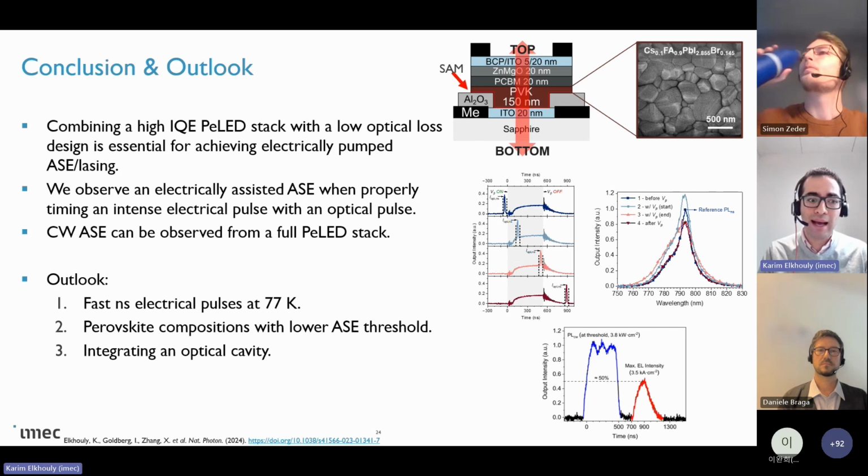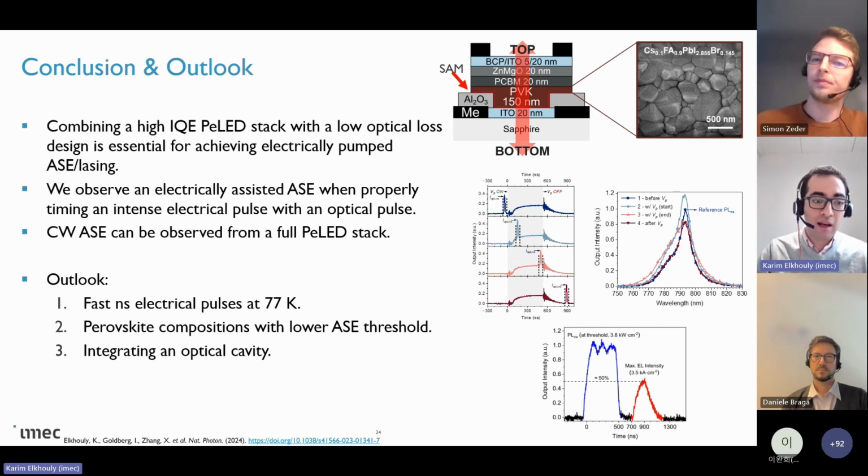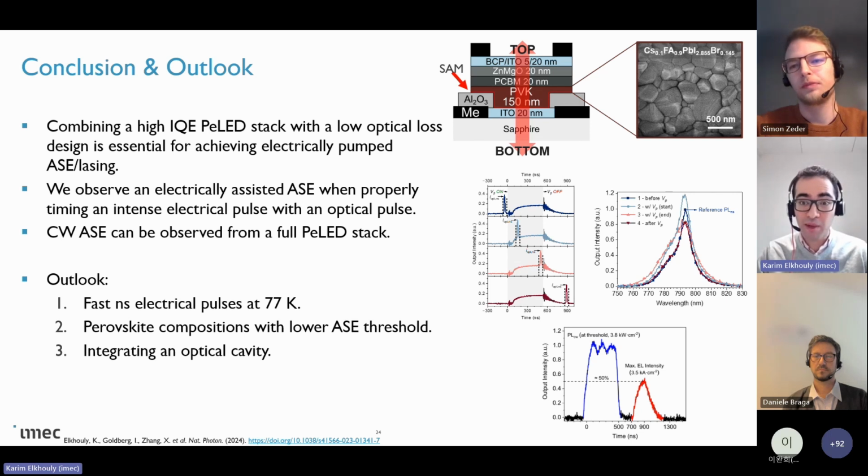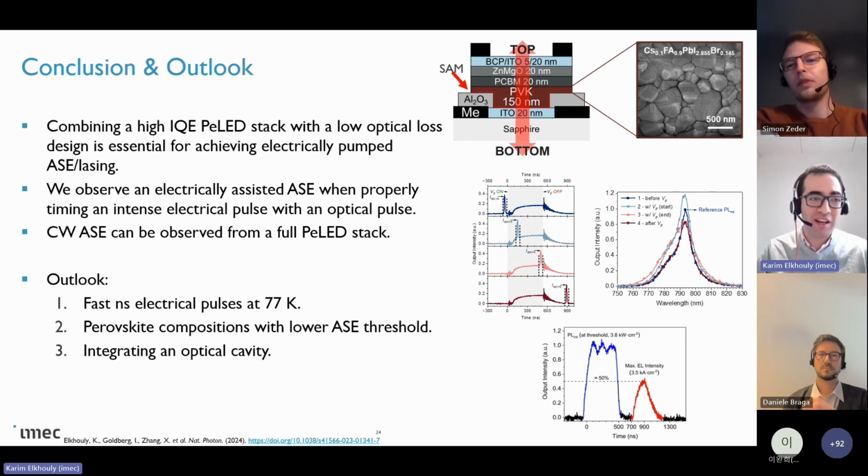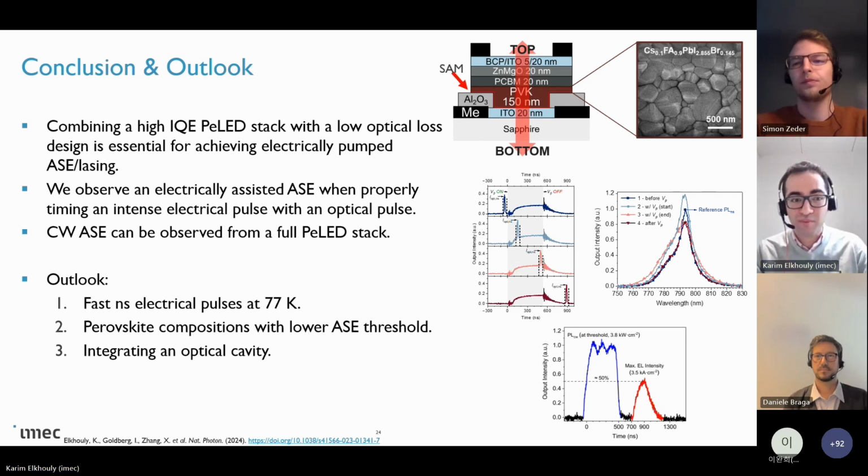So I think, as I discussed in the slide, having perovskite compositions with lower ASE thresholds, but at the same time keeping high efficiency at high currents will be extremely important, because you need both. A lower threshold is not enough, and a high performance LED on its own is not enough. You need to find a sweet spot between the two.